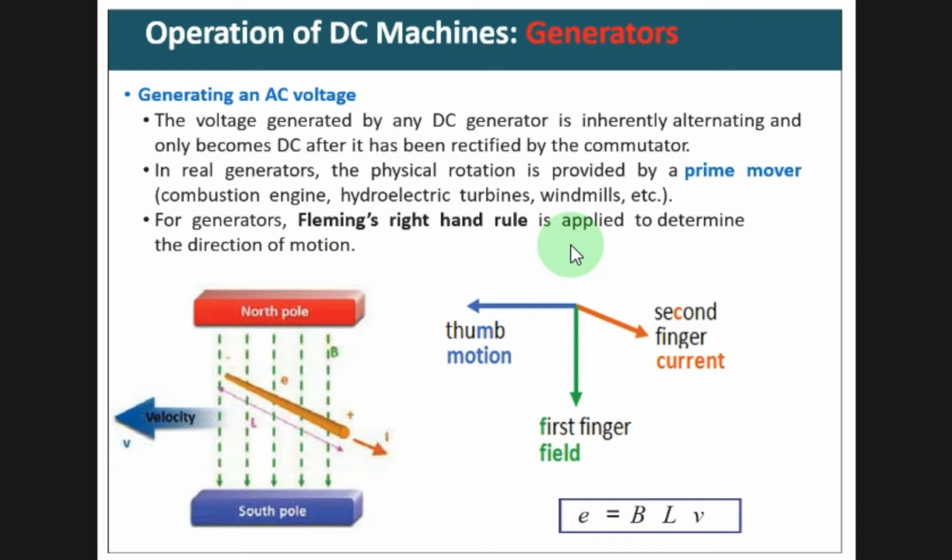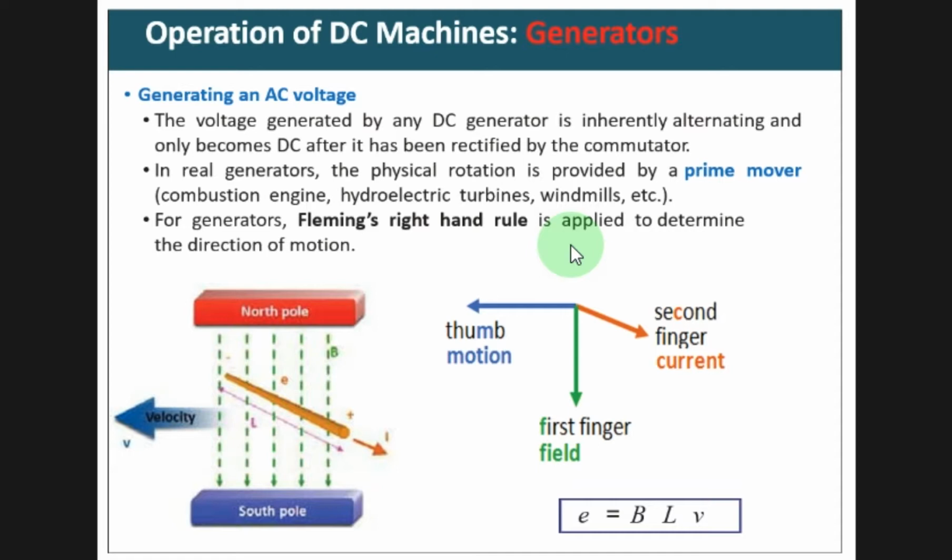But this generated EMF is alternating type. That means alternating current is generated. But if you want DC as the output, then we have to rectify that using the commutator, right? And the direction of the EMF generated can be found by Fleming's right hand rule.